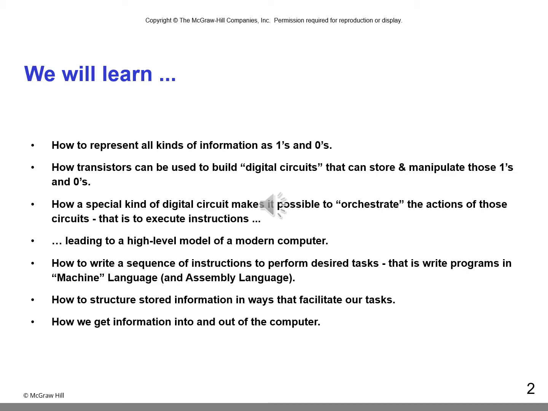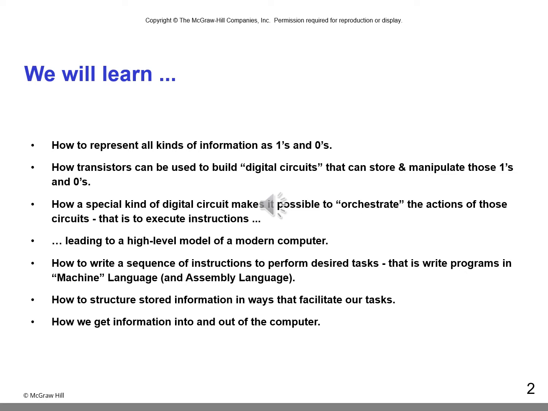Here's a brief overview of what we will learn in this course. Before we get into programming in machine language or assembly language, we need to learn how to represent all kinds of information in the format a computer processes, and that is ones and zeros, binary.